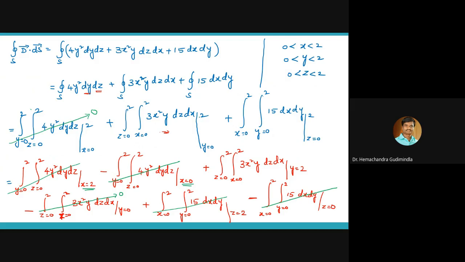But here you need to see that y is varying from 0 to 2, and y is there inside. So what you need to do is upper limit minus lower limit, directly substituting 2 minus 0. You can substitute directly, no problem. And here there is no z term, but z is varying from 0 to 2, so directly you can write that this step also will become 0.